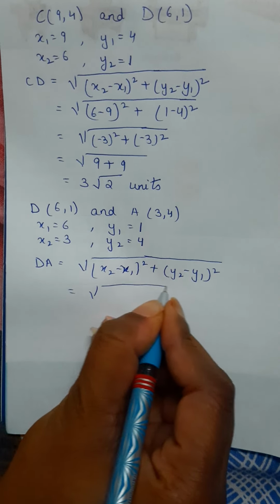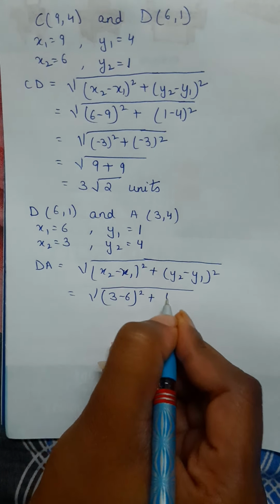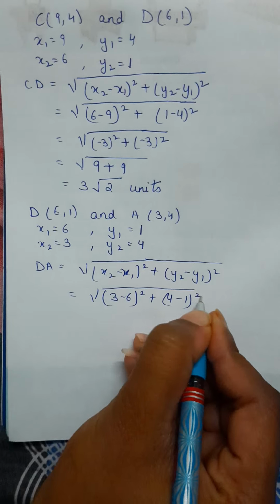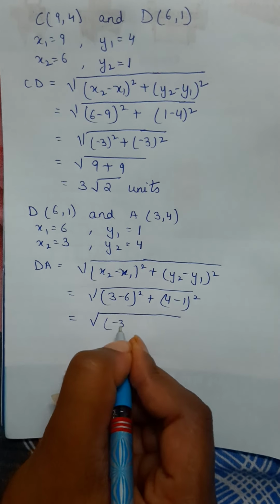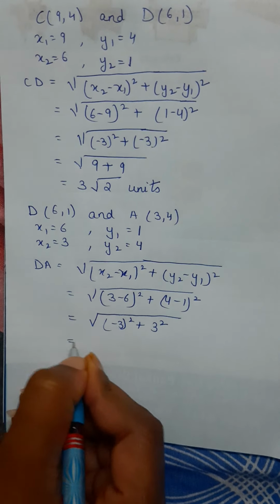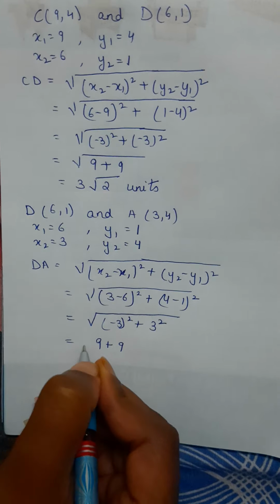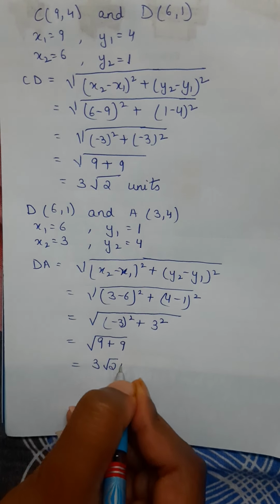Now put the values, 3 minus 6 whole square plus 4 minus 1 whole square. So this is equal to (minus 3) whole square plus 3 whole square, which is equal to 9 plus 9, which is equal to 3 root 2 units.